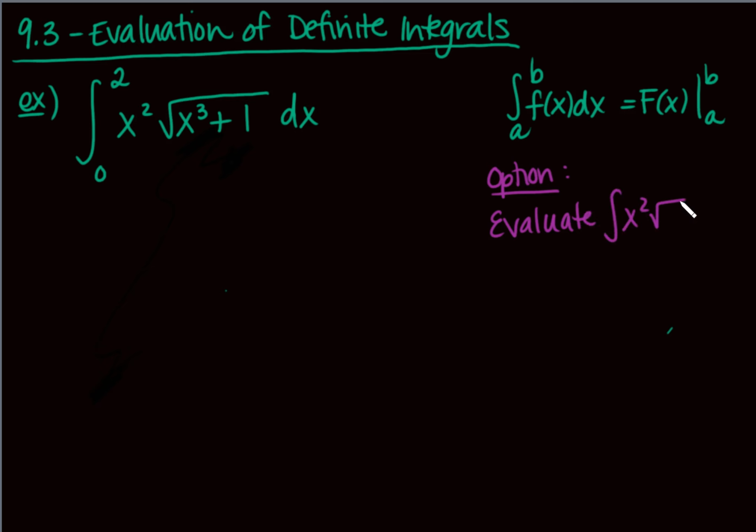You're going to evaluate this guy, and I know you already see that we're going to use substitution to do this. Then you're going to plug in bounds afterward. So plug in bounds later, okay?